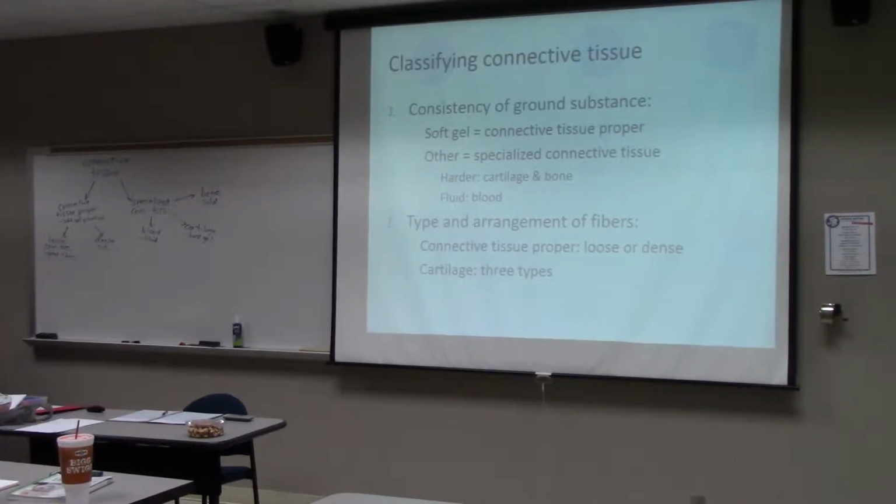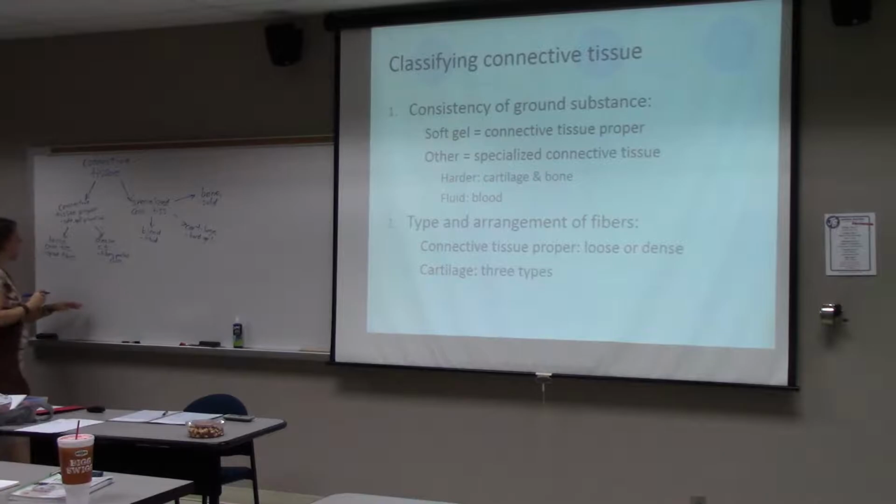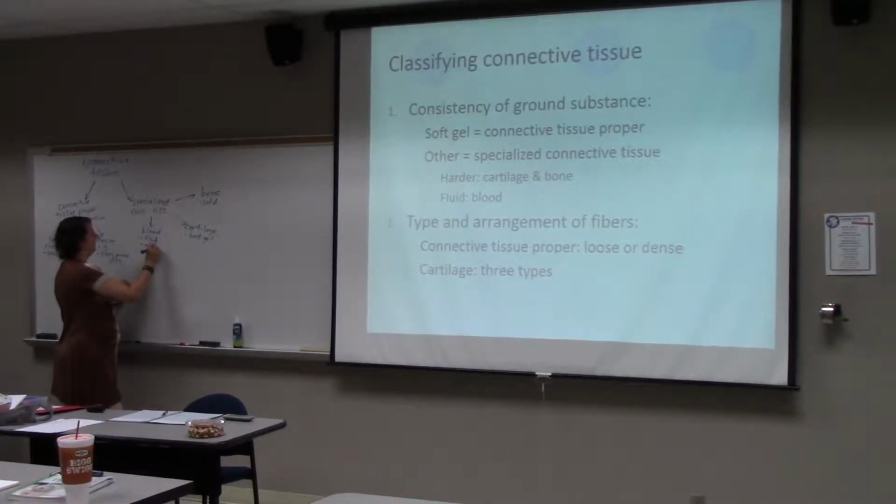In loose connective tissue, the fibers are more spread out. In dense connective tissue, they're packed closer together. Blood has no fibers at all.